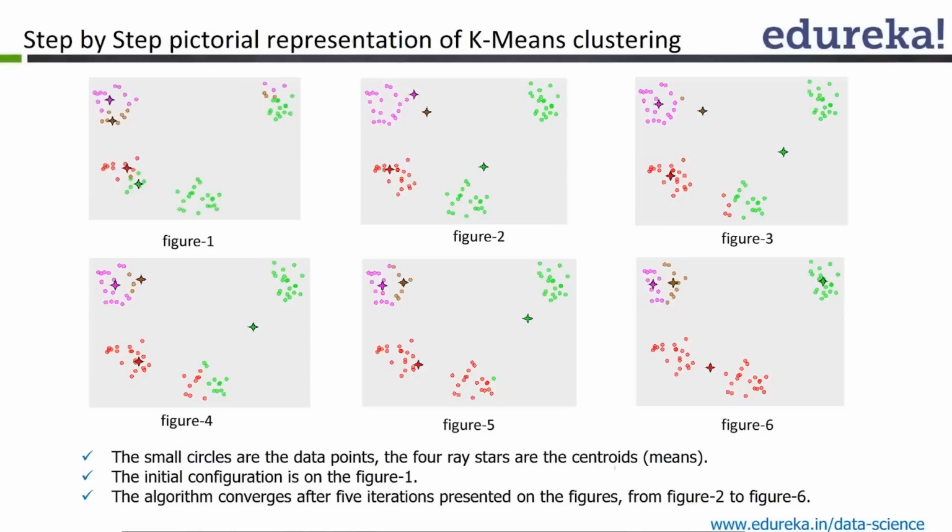There are a bunch of stopping criteria that can be applied, but you keep repeating until that stopping criteria is met. And at the end of it, you have the cluster centers as well as the association of each point to one of those cluster centers. That's exactly the output of your k-means algorithm.